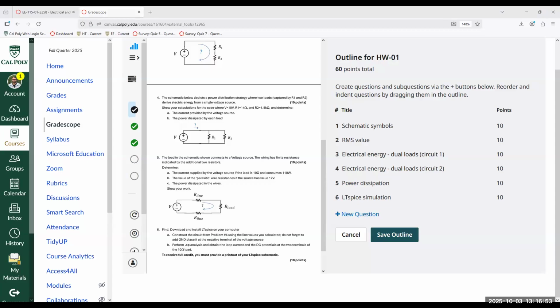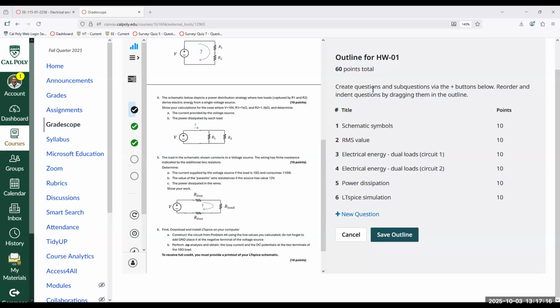So let's see. And then the square root was 3.32. Okay. And then once we have the total I, the source has a value of 12 volts.